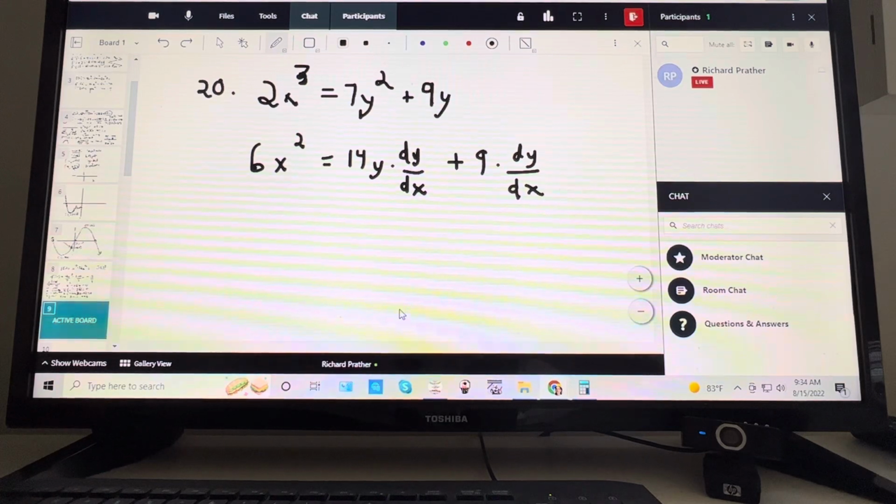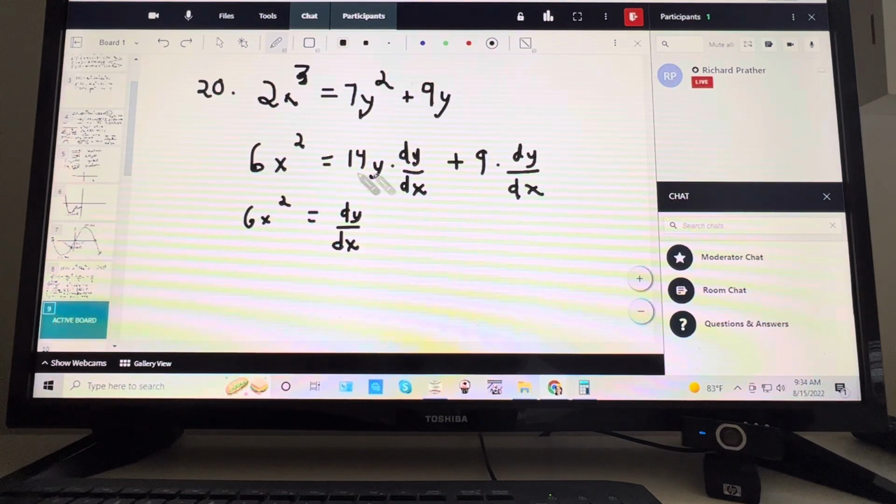So if you do x, you just do it normally. If you do y, you just attach a dy over dx each time you have a y part. And then the goal is to solve for dy over dx. You end up not caring how messy the other side of the equation gets. So I would factor out the dy over dx on this side.